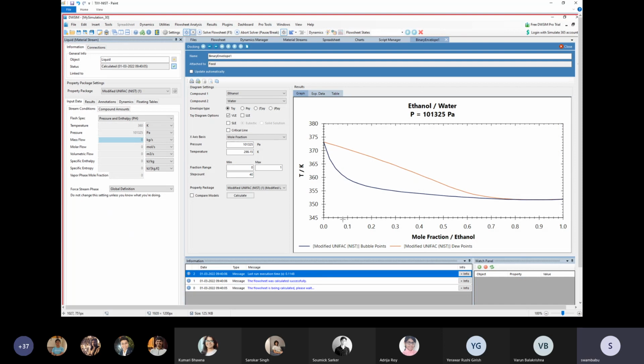Let's say to generate this data from 0 to 1, you have to do all the intermediate points, let's say 0.05, 0.15, 0.25, 0.35 at different temperatures. It is very, very difficult to do all the intermediate points.